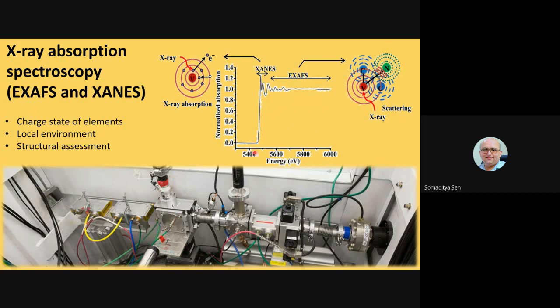In this case, I'm showing the absorption of a vanadium ion. So this part near the edge is called X-ray absorption near edge spectroscopy, and the extended part after that is due to the interaction of the emitted scattered X-ray with the neighboring atoms.